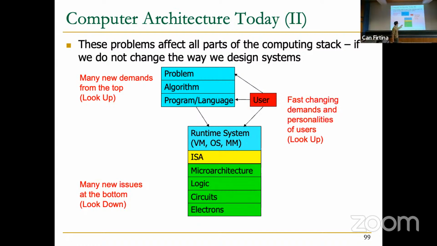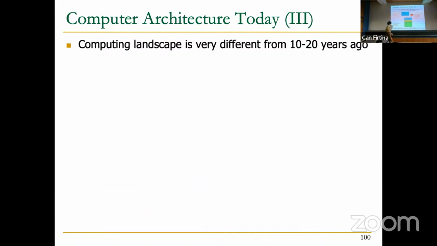Also, the personalities and demands of users change, right? Thirty years ago, we didn't need super small processors that can operate in your cell phone or in your smartwatch. So that's all about changing demands and personalities of people.